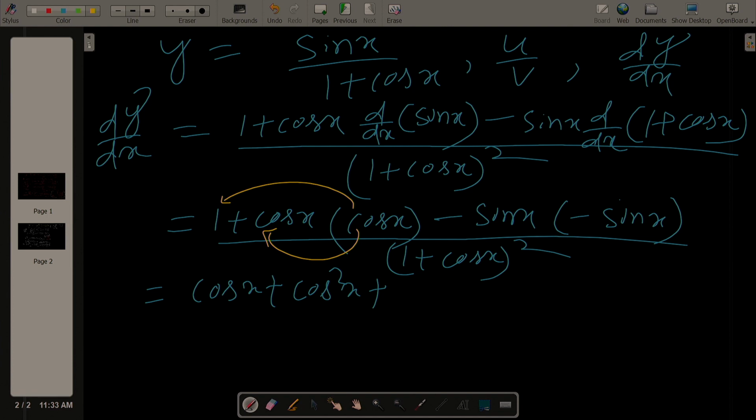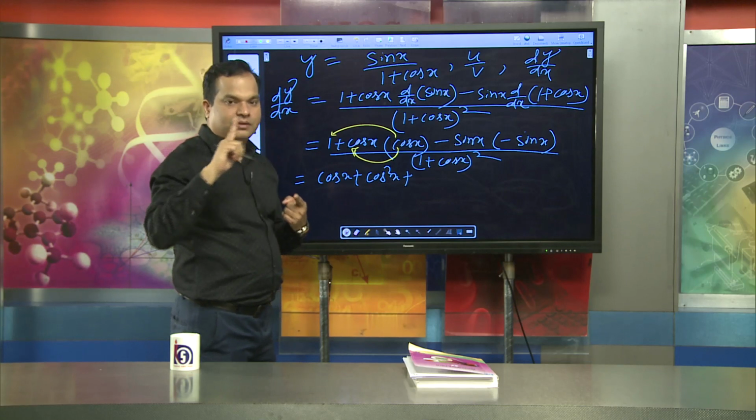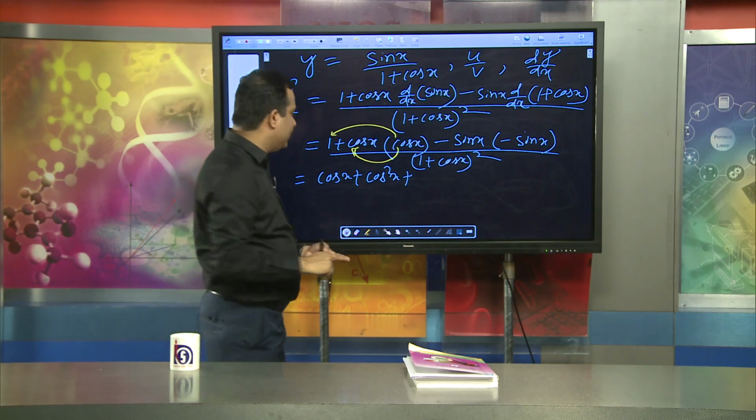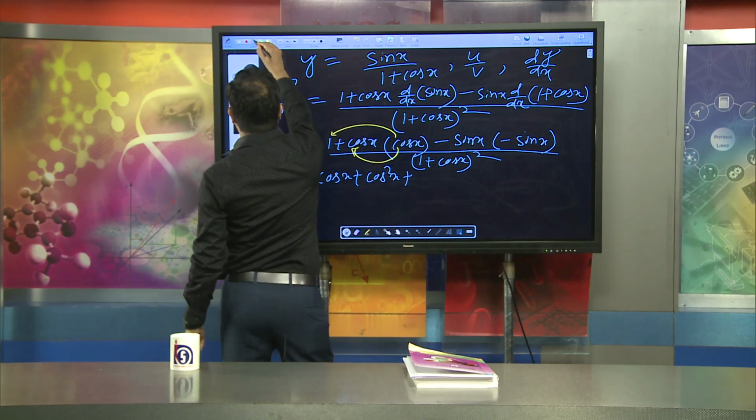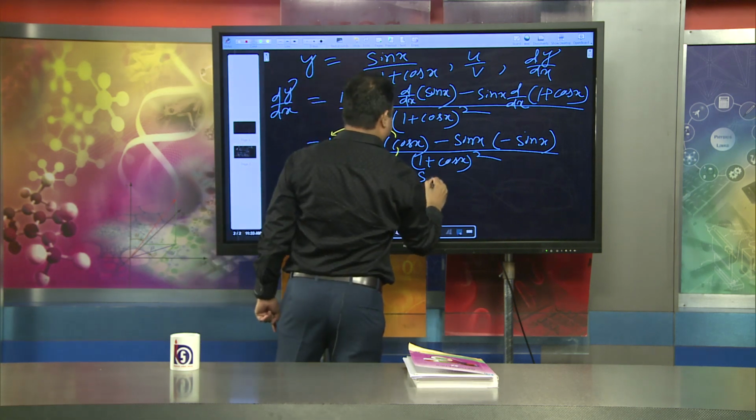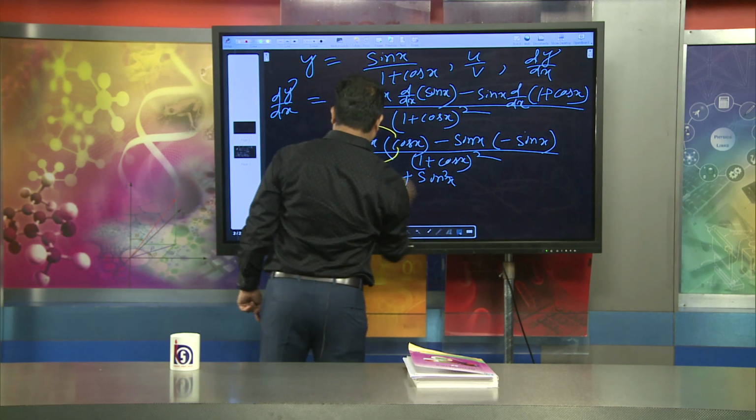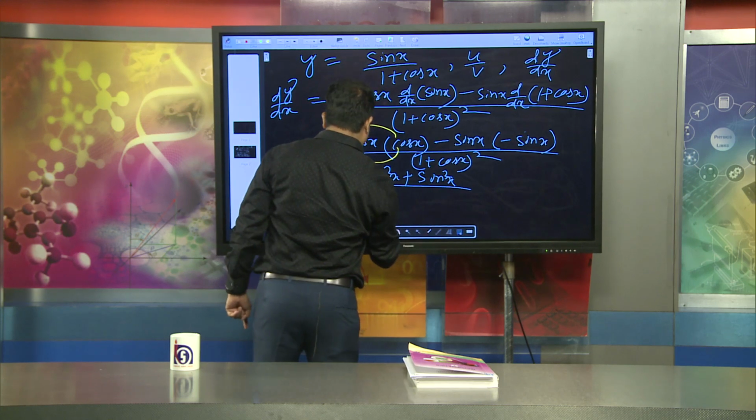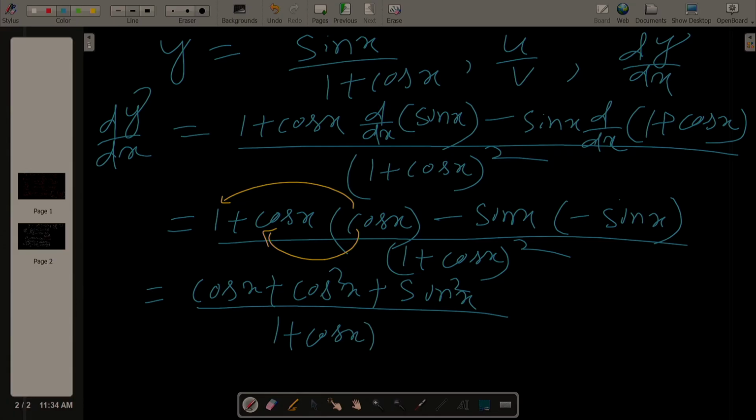Minus sin x into minus sin x, minus into minus is positive, that is plus sin square x, divided by 1 plus cos x whole square.